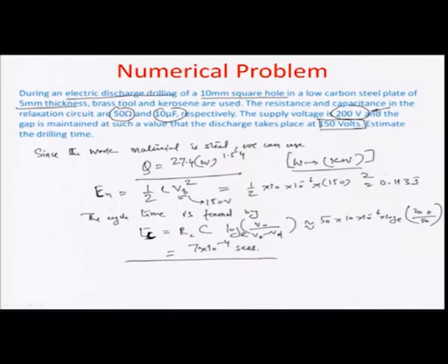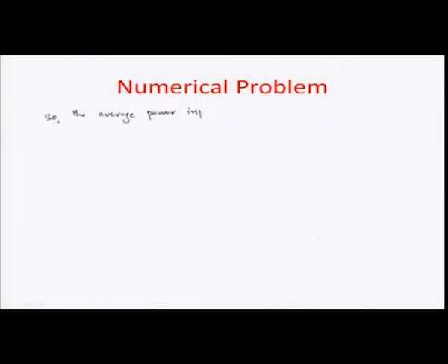So once this time is known, we should be able to find out how much power is being delivered, as the average power input is W equals 0.113 joules, the energy that has been discharged by the EDM machine, divided by 7 times 10 to the power of minus 4 seconds, and this power is in kilowatts.